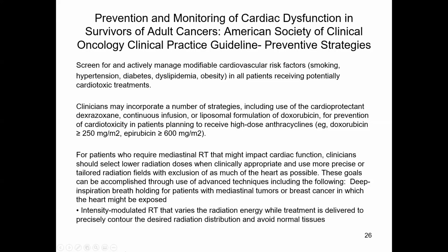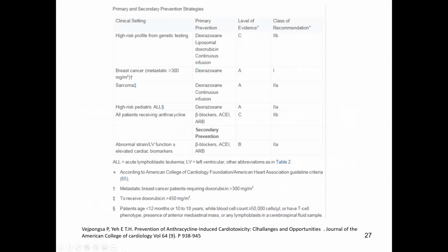And it does talk a little bit about radiation, that kind of makes sense, is use the least effective amount of radiation possible. And still being investigated are meds for secondary prevention, and these would be beta blockers, ACE inhibitors, and angiotensin receptor blockers.